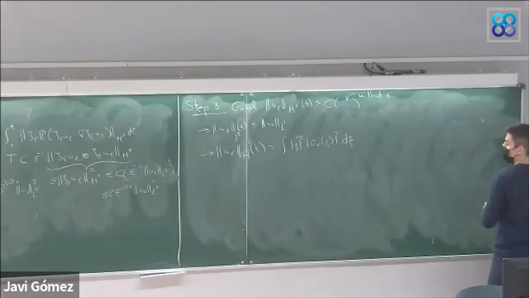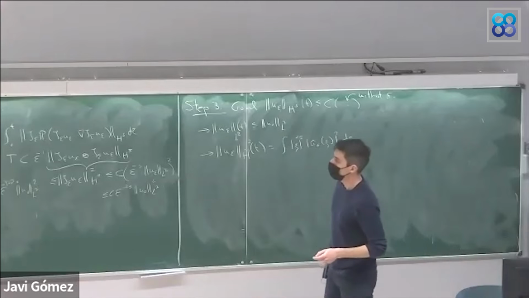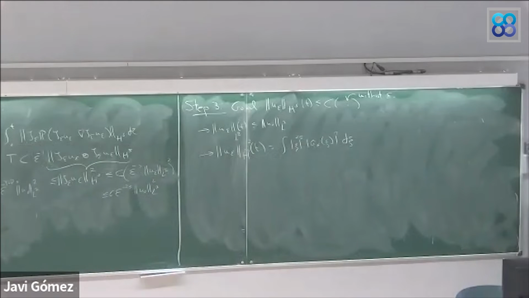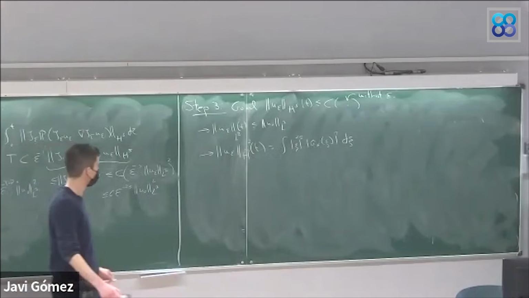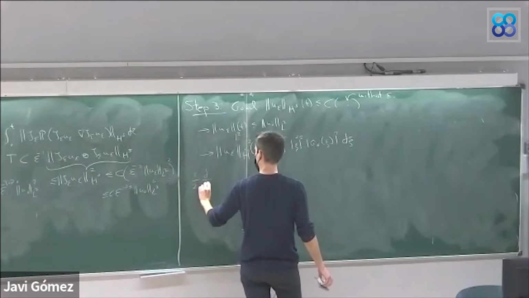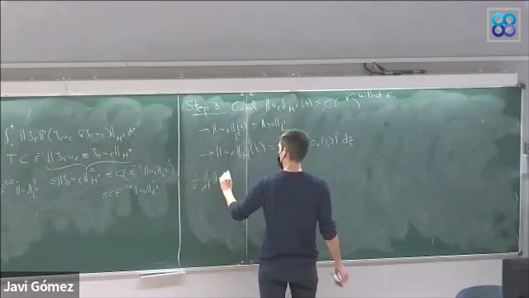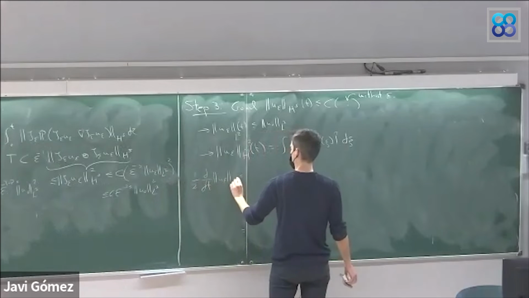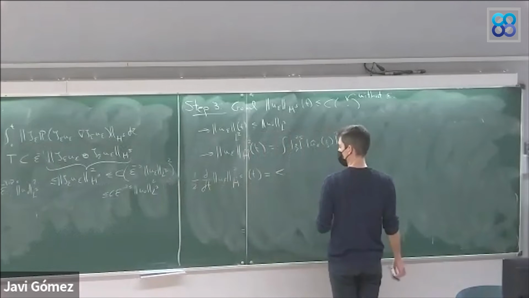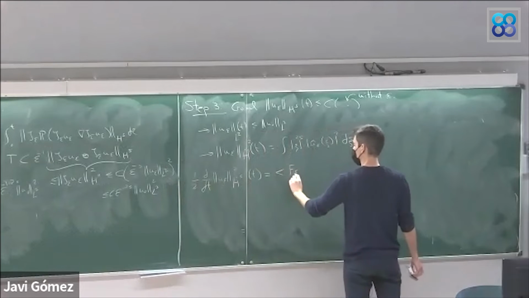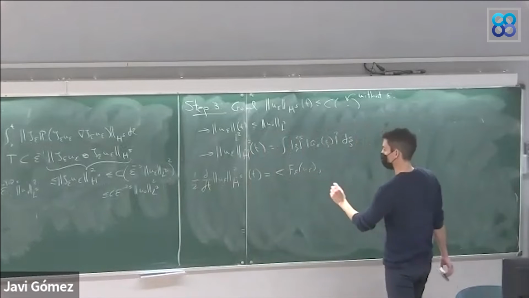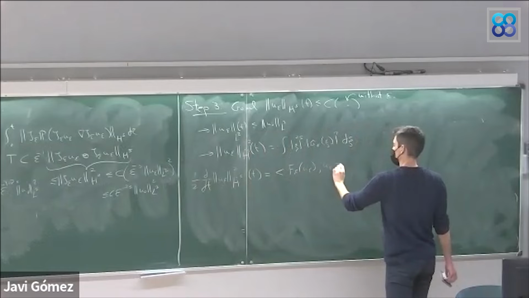So I will do another energy estimate. Let's take here the inner product in H dot S with U epsilon.